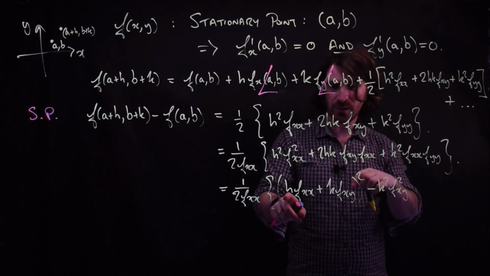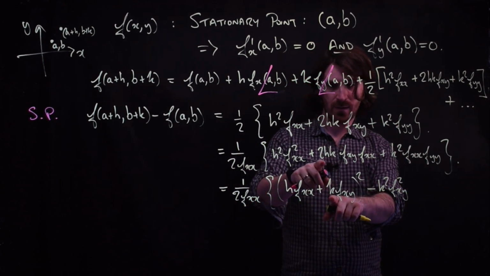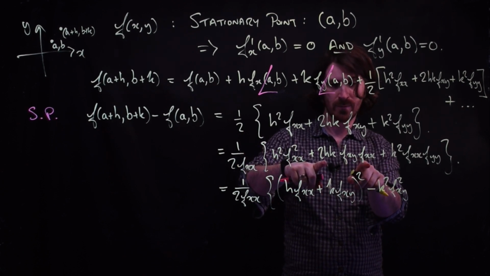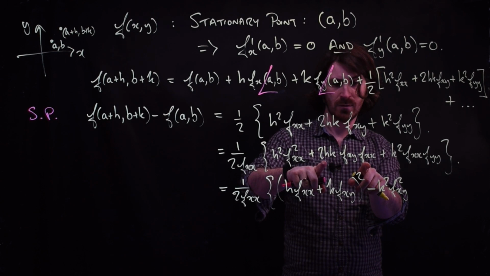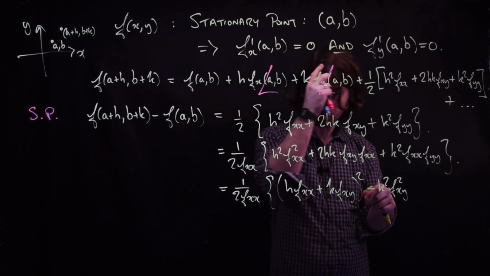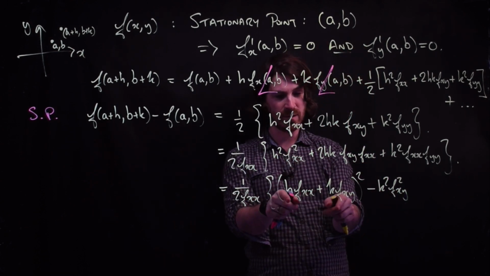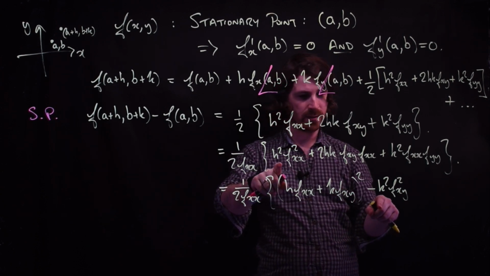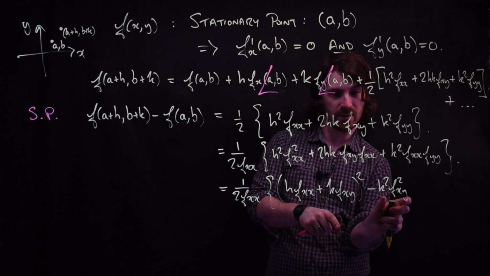We get 2hk f_xx f_xy, which is this term. So the square of this gives this term, and a term like this we have to take away.